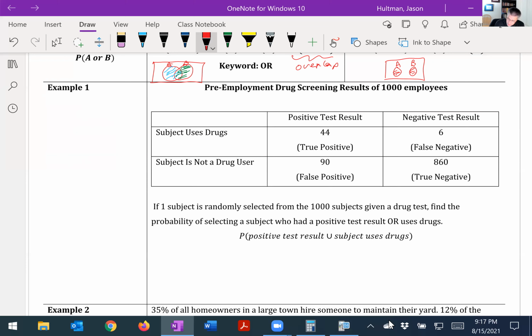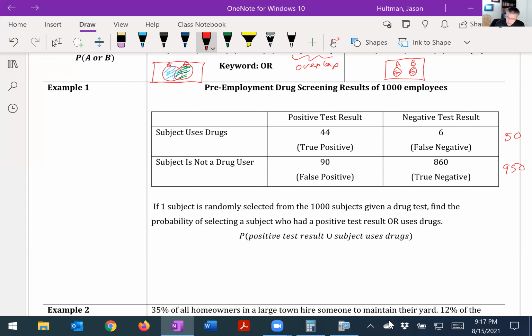Notice that we only have 50 people here, but we have 950 people here. So we only had 50 drug users, 6 of which got away scot-free of the repercussions of the drug test showing that they were a drug user. For 44 of the 50, it showed that they were true drug users.